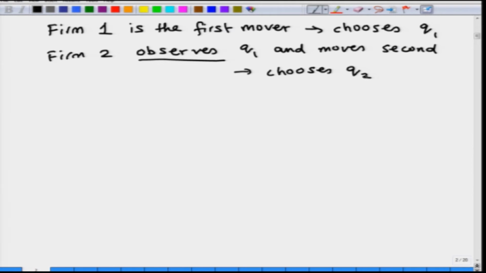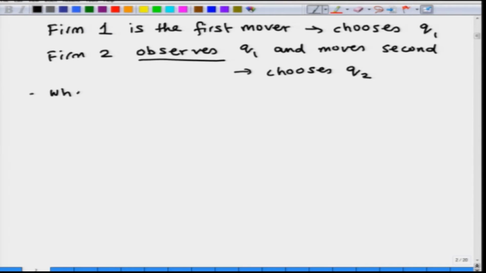Well, what makes the game sequential is not just the fact that firm 2 moves after the output chosen by firm 1 happens, which is true. Firm 1 moves first and firm 2 observes Q1 and then chooses Q2. That in itself does not make it sequential, that is just a statement of the timing. What makes the game sequential is that firm 1 chooses the Q1, firm 2 observes Q1 and then chooses Q2, and then firm 1 knows that this is what is going to be the case.